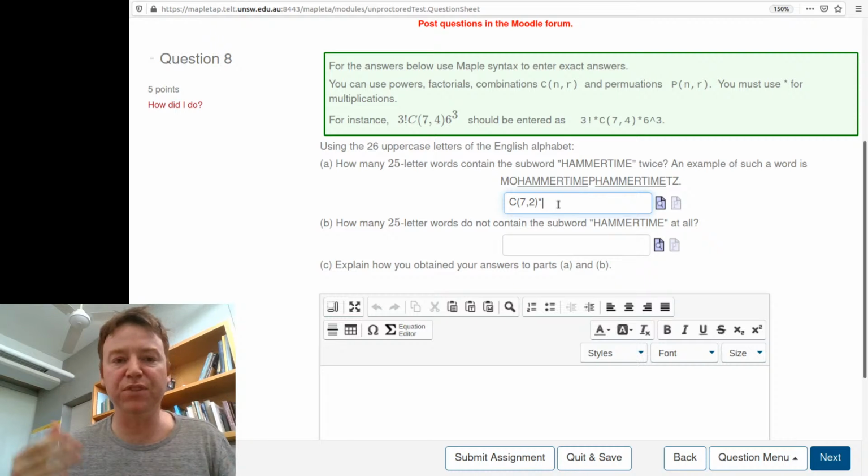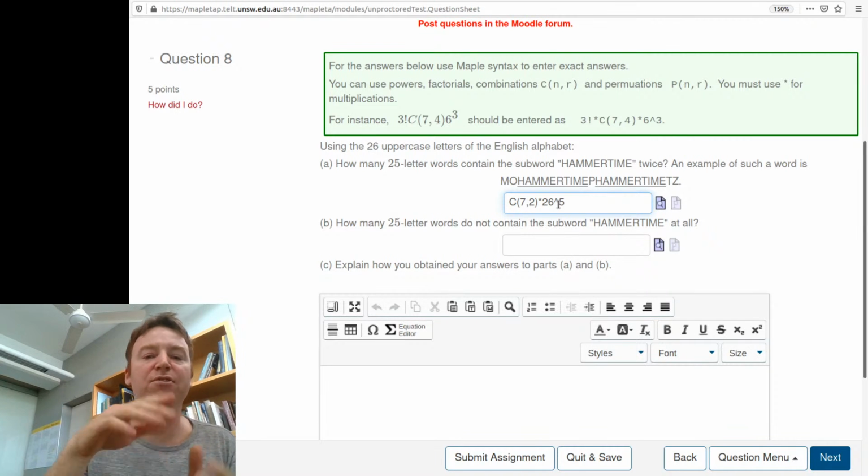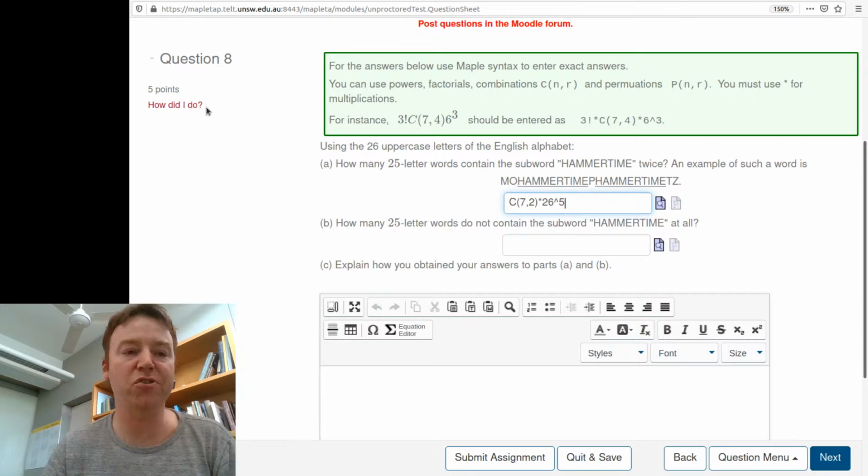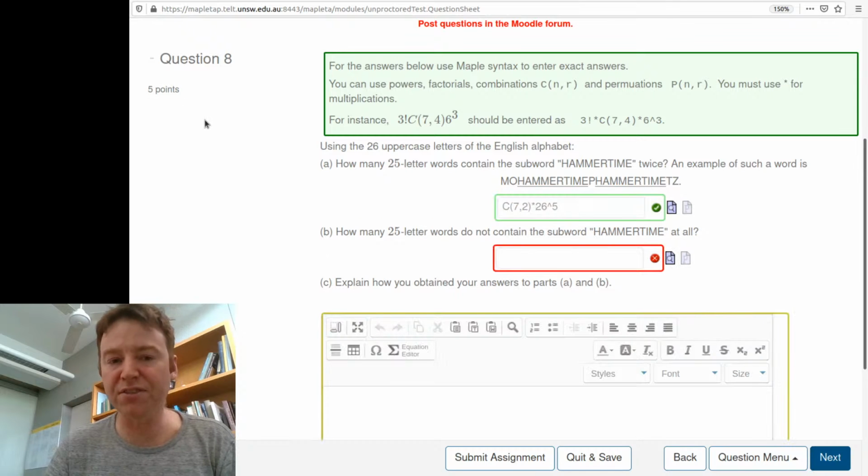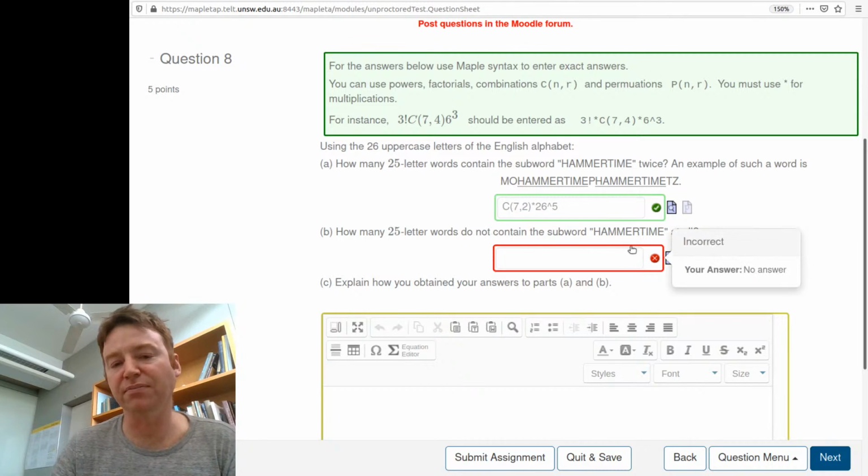And then the rest of it is just 26 uppercase letters, 26 to the power 5. So choosing my 2 places for the hammer time word, and then the rest. Sounds good? Sounds good. How many 25-letter words do not contain the subword hammer time at all?